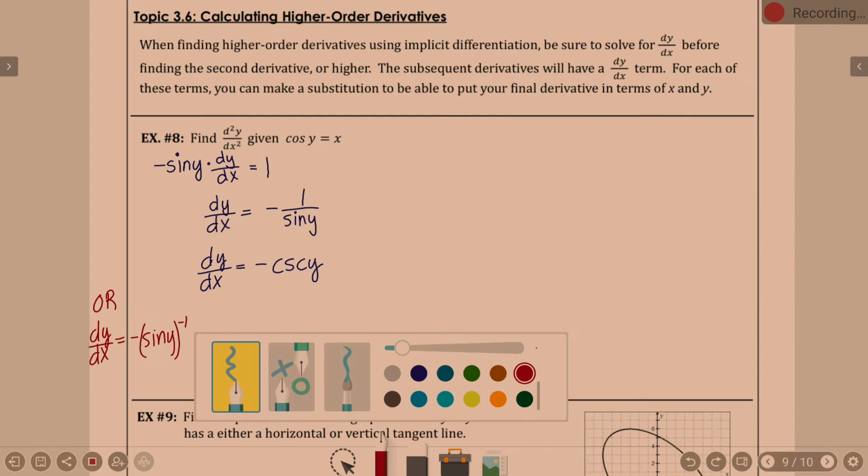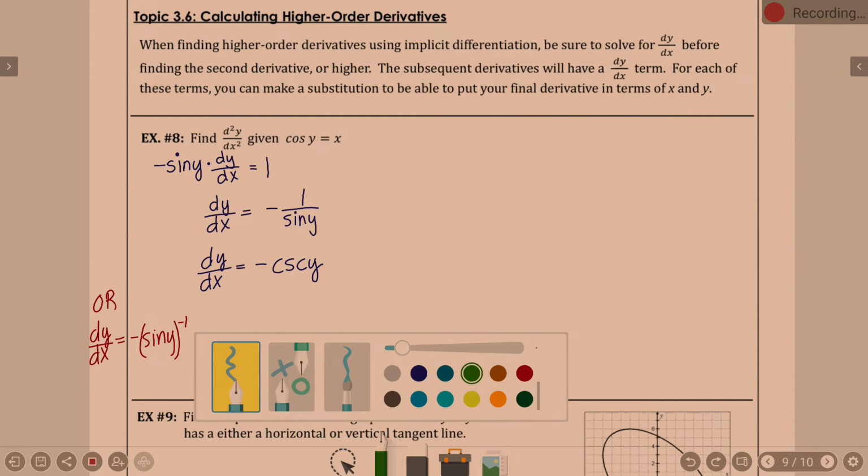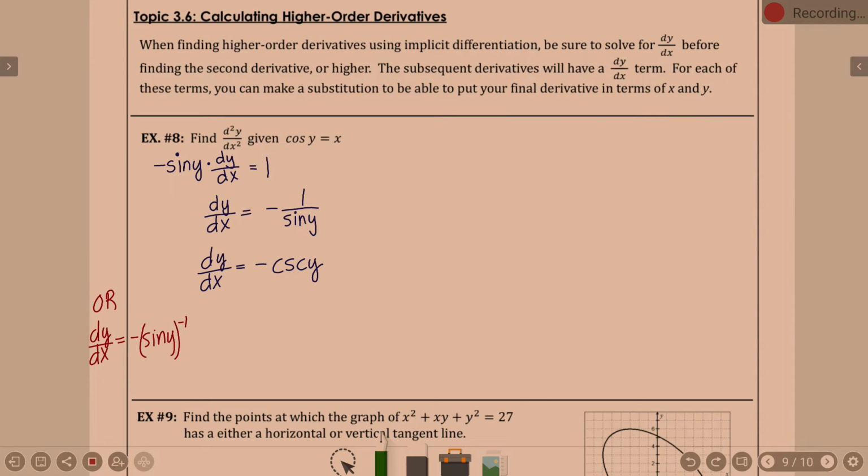Now we've got to find the second derivative. In order to find the second derivative, you take the derivative of the first derivative. So d squared y over dx squared is the derivative of negative cosecant y. So what is the derivative of cosecant of something? Almost. Negative cosecant cotangent.